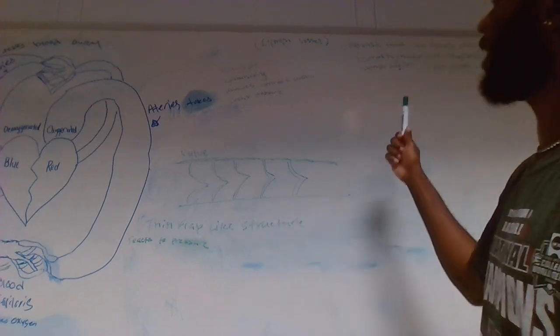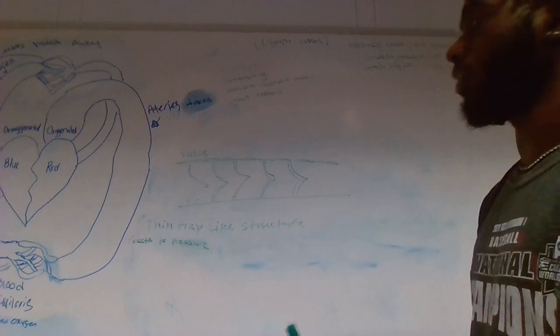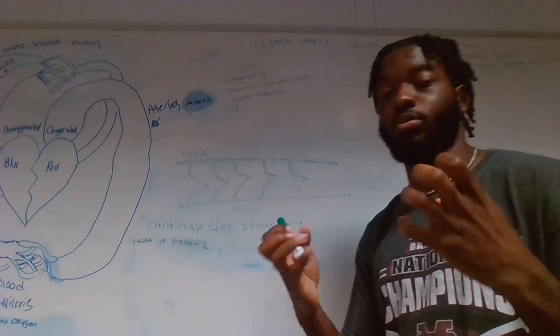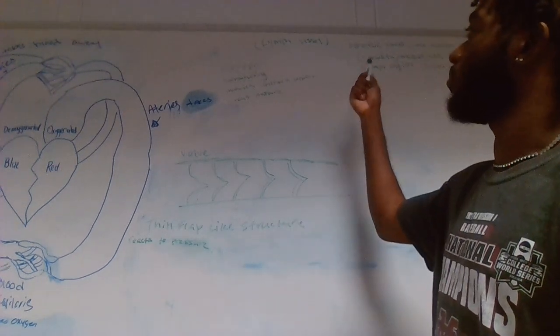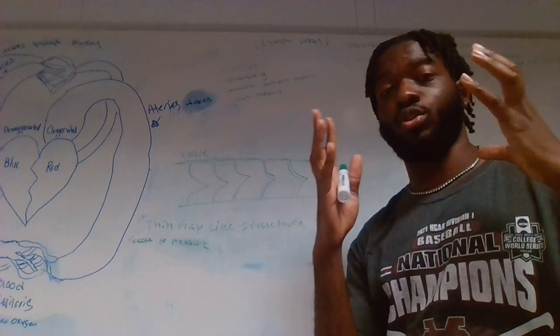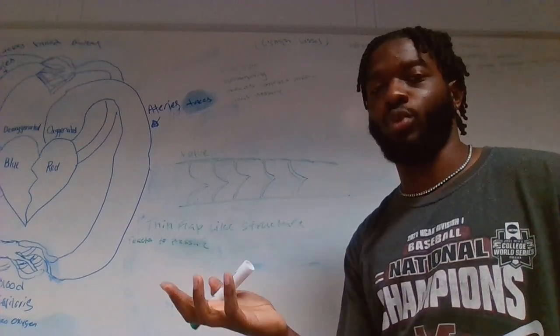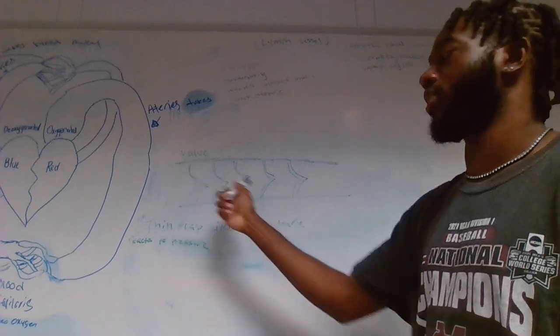So the vessel actually has smooth muscle inside of it. And that smooth muscle actually rhythmically contracts the same way the heart does. We call that smooth muscles lymphangions. So when that smooth muscle contracts, kind of like a heart does, it's still rhythmic, it actually aids in pushing the lymph through the lymphatic vessels.